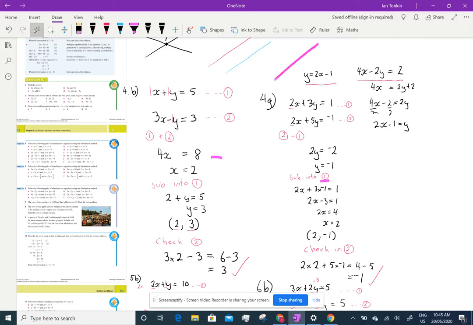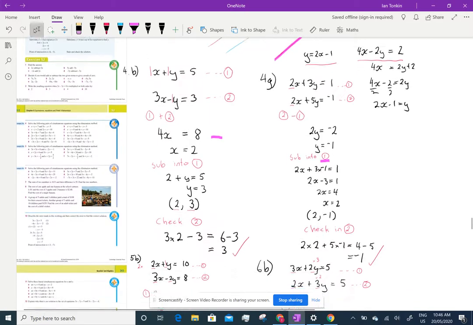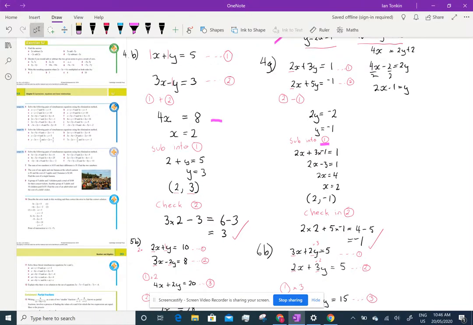If they're opposite signs, add them. If they're not the same, look for the easiest thing to multiply an equation by, or both equations by, to make one of the coefficients the same. Always go for the easiest option. It may mean multiplying one equation by a constant, or it may mean multiplying both equations by a different constant.